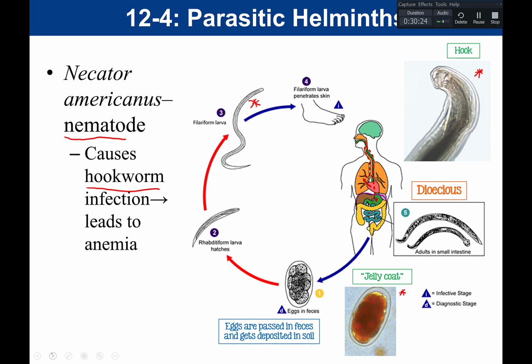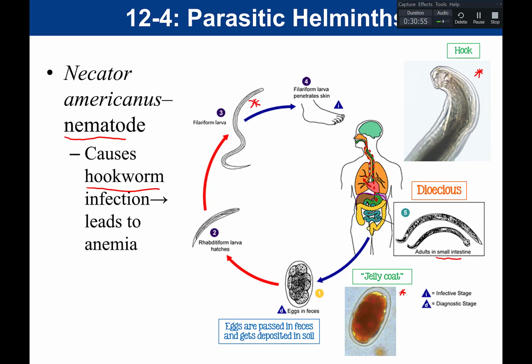So if a person is infected with a hookworm infection, the adults reside in the intestine. And so the male and the female are located in the intestine. And so the human will pass eggs in the feces, because when adults reproduce in the intestines, they're going to produce eggs, and the eggs are going to be deposited into the soil.